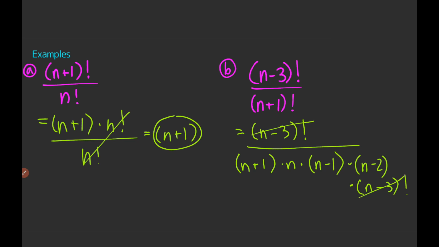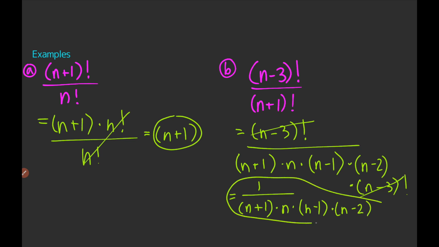Bam, bam. And we will be left with 1 over n plus 1 times n minus 1, and that is our final answer. You could expand out that denominator if you really wanted to, but it's not necessary.